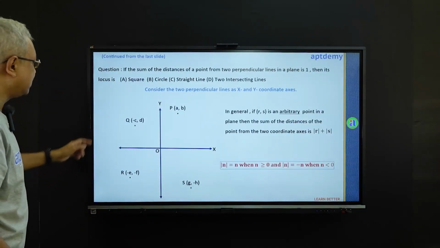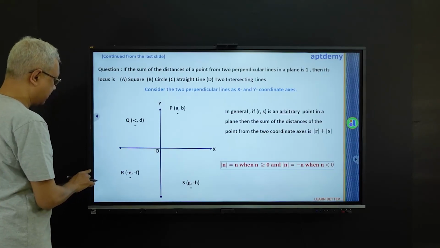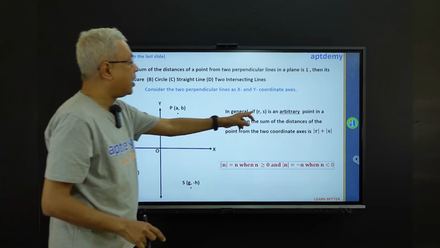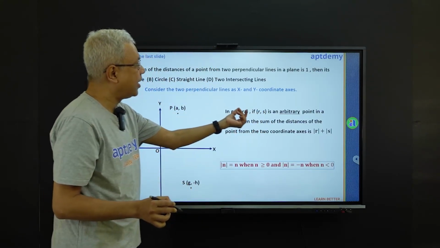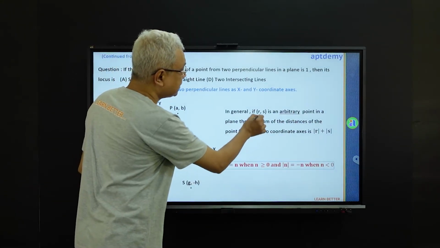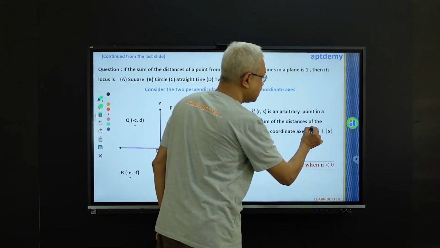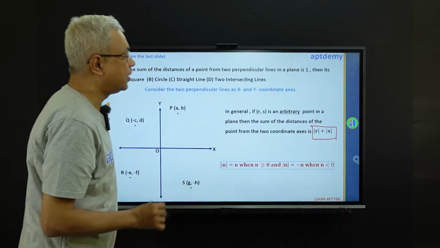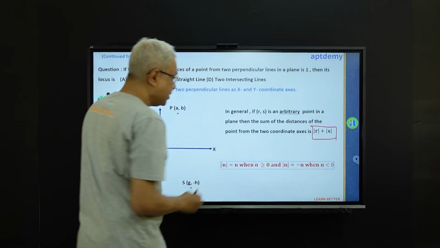So in general, if R, S is an arbitrary point in a plane, then the sum of the distances of the point from the two coordinate axes is mod R, or the absolute value of R, plus the absolute value of S. Why?